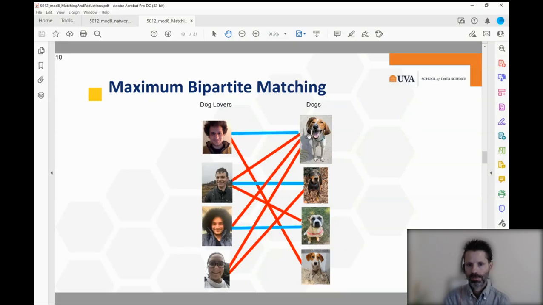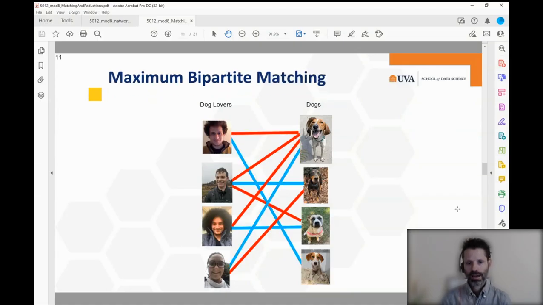So if we were to switch that, that would free up dog number 1, who could get matched with dog lover number 4, and so that would actually give us a better match, meaning that all 4 of the dogs are matched, and all 4 of the dog lovers are assigned as well. So here's an example of the general matching problem, examples of different matches, and then a maximum or optimal matching. Again, this is another great example of where we can use graphs to solve a general problem. This is a matching problem.